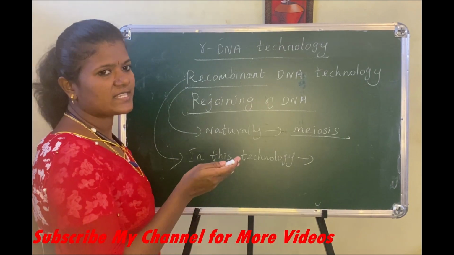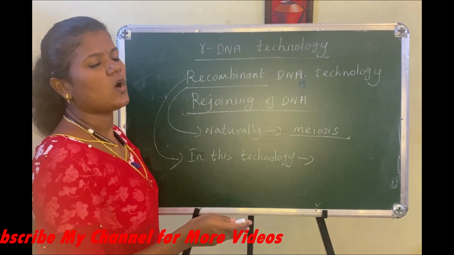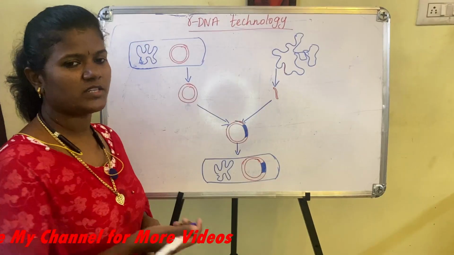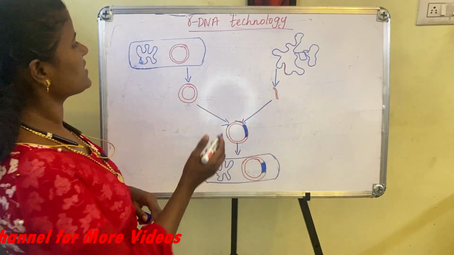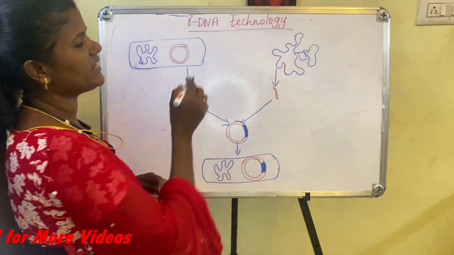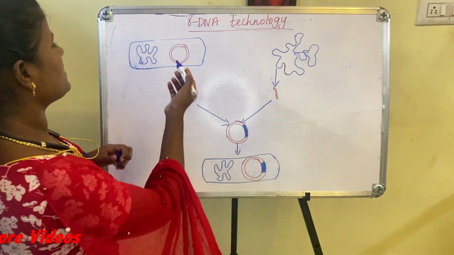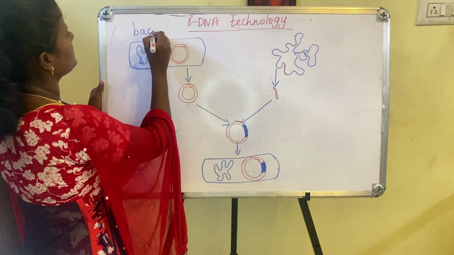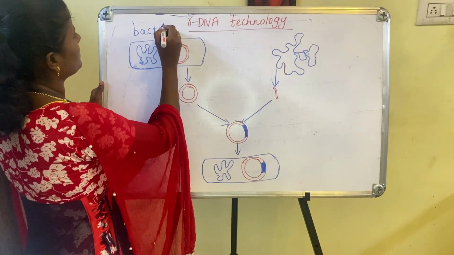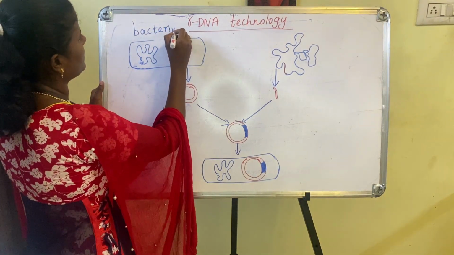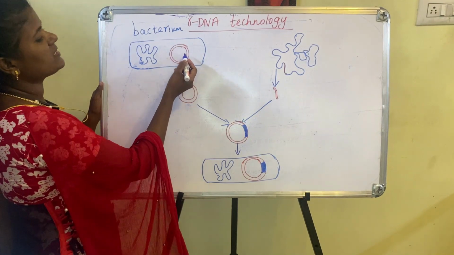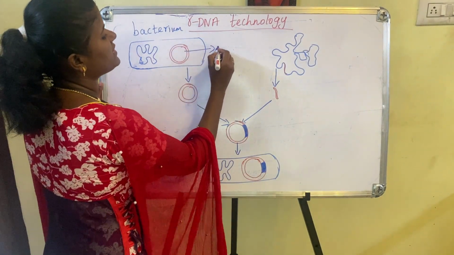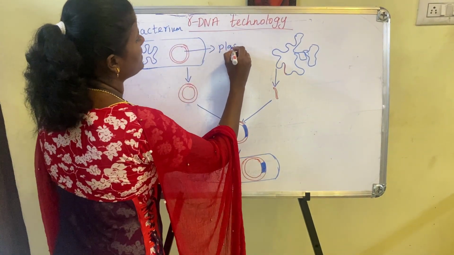Now let us discuss the steps involved in rDNA technology. See here, this is the bacterium cell. This is the plasmid vector.